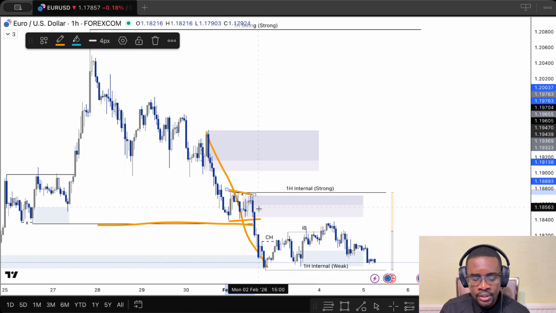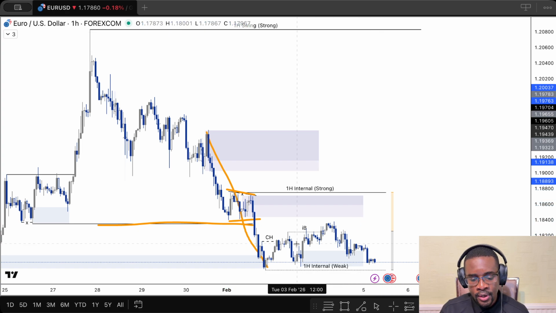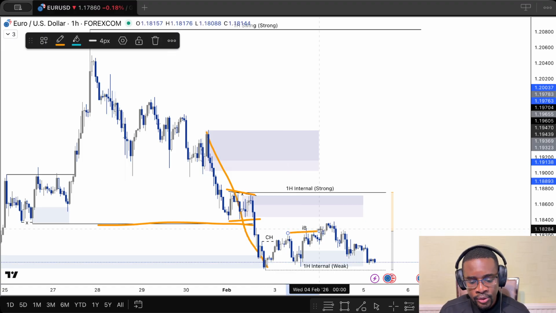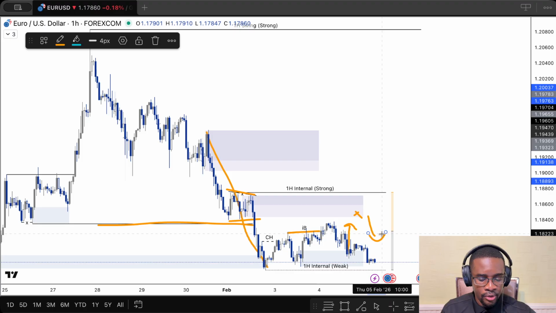We have resting liquidity up there, which is why I was expecting price to mitigate and then drop. However, it didn't even reach the POI, and then we had this internal break of structure, which suggested that we are sort of bullish. So that was another reason why I would be expecting price to continue bullish to at least mitigate this 4-hour supply before price switches bearish.